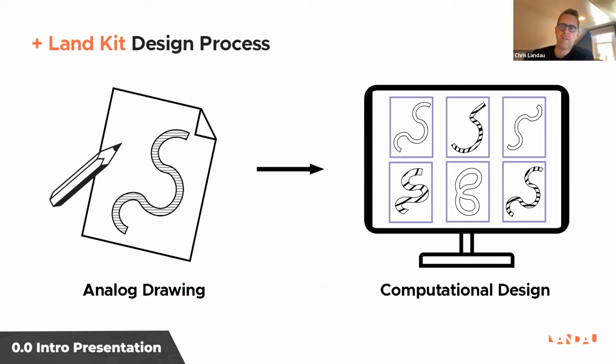Rather than having an analog drawing that goes into a process that's a one-way street, we see this as a way of exploring so many different ideas. And we actually have a really incredible example of this today, a generative design example that shows how you can have certain kinds of randomness participating in the design process in order to generate all sorts of ideas.